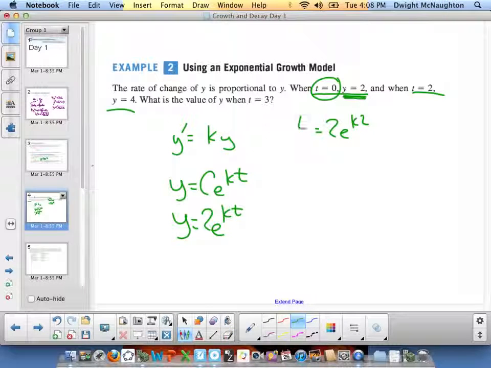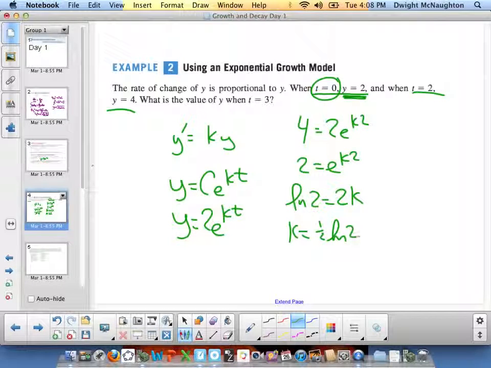We'll substitute that in for y, and then solve for k. So 2 equals e to the 2k. Take the natural log of both sides. So k equals 1/2 the natural log of 2.